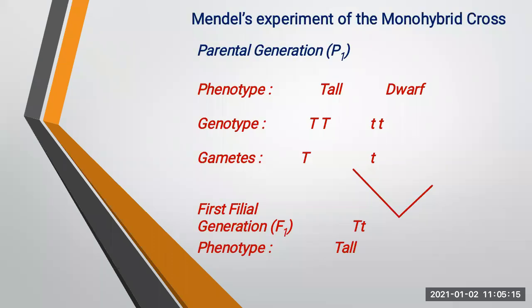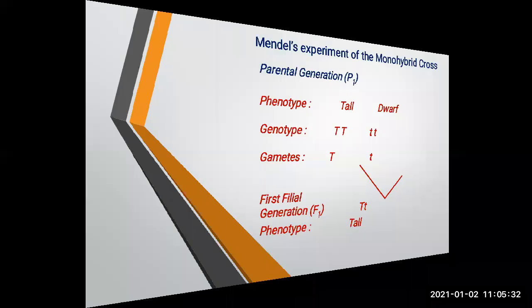But the difference was, first the genotype was pure dominant, that is capital T, capital T. But in the first filial generation, all the plants were tall, but here the genotype is different. You can see it is capital T and small t.